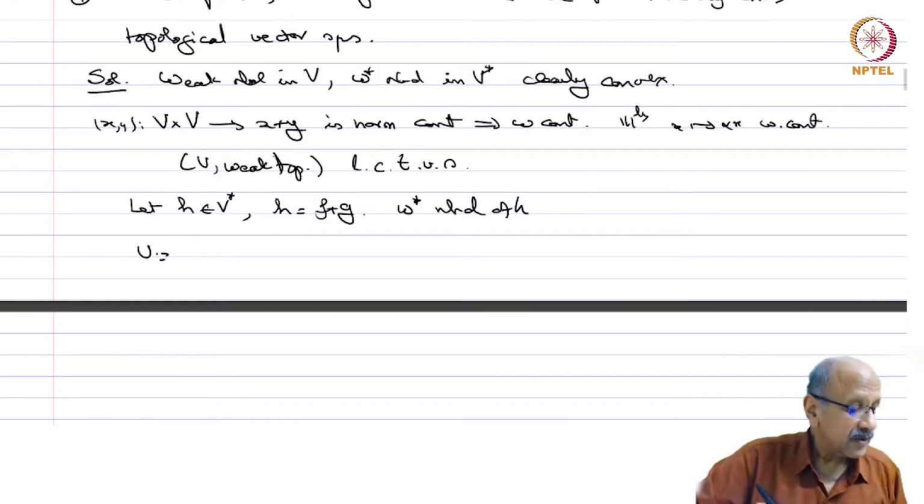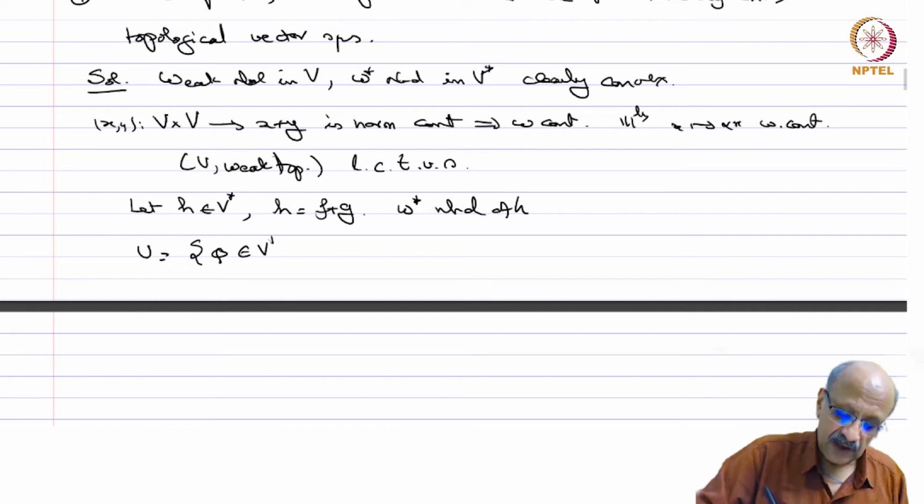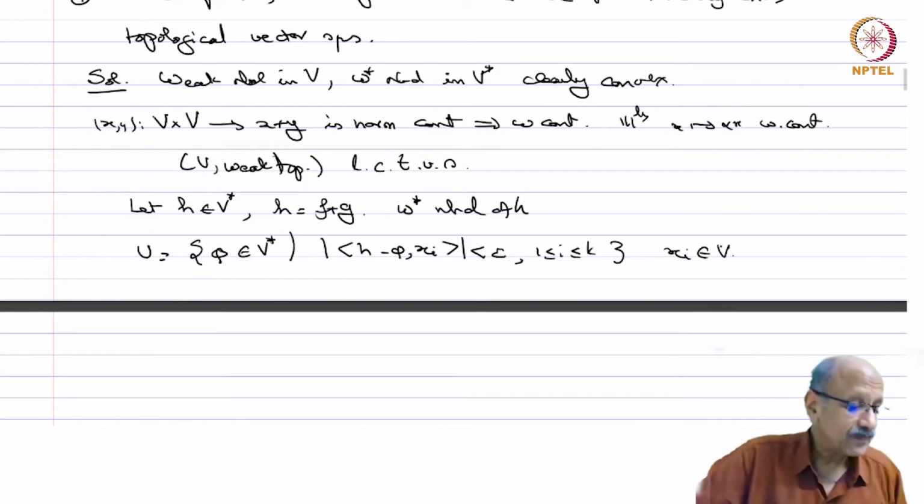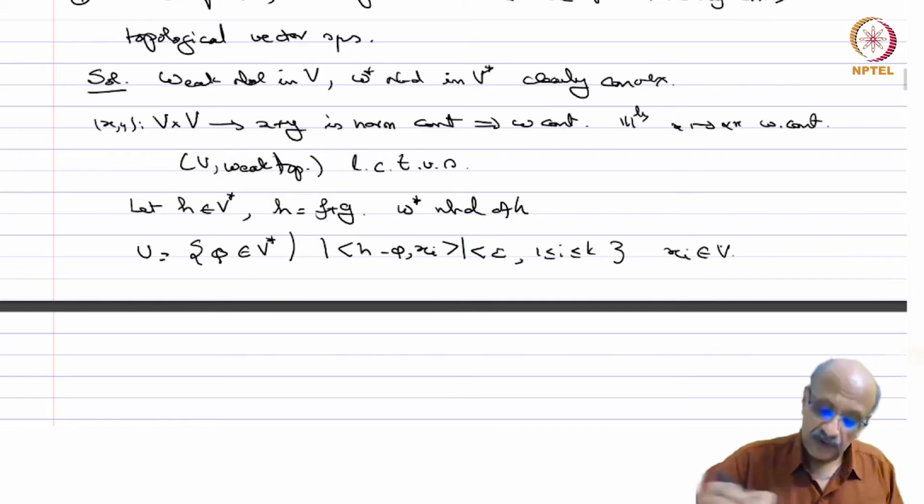U equals the set of all phi in V star such that mod (H minus phi)(xi) is less than epsilon, 1 less than or equal to I less than or equal to k, and xi are arbitrary elements in V. Okay. So now you consider the following.